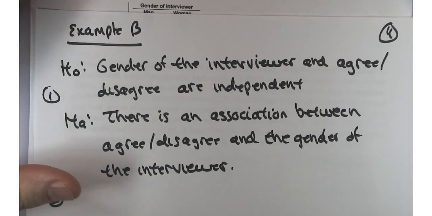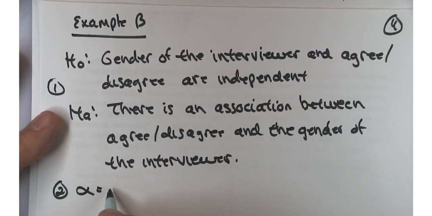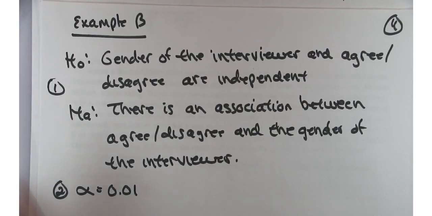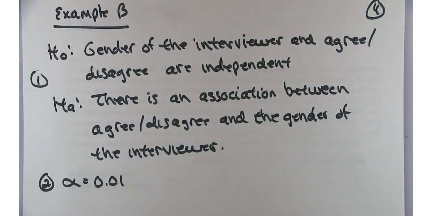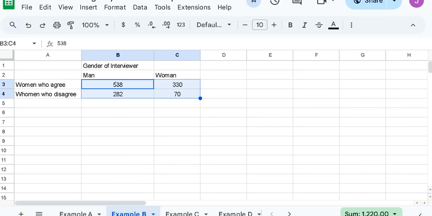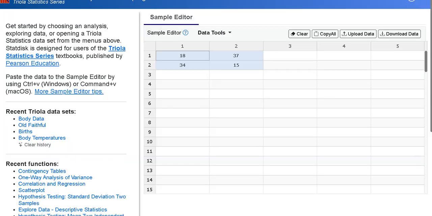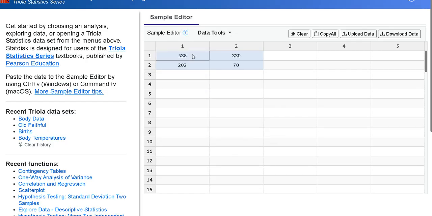What's our level of alpha for this one? 0.01. Good. So let's reach out and grab our data. Again, there's a Google Sheets link that has this data. So I'll go down to example B and grab that. When you put it into StatDisk, clear out your old data, paste in the new data.